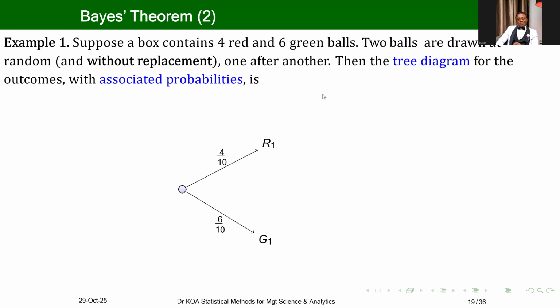It is P of R2 given R1. Yes. That's the probability that the second is red, given that the first is red.